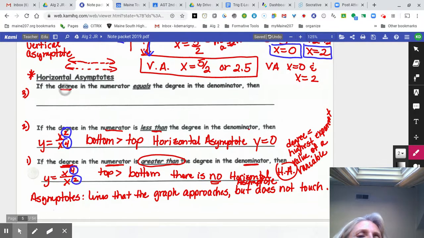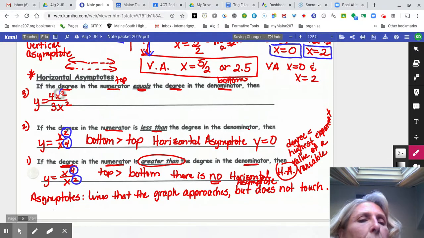If the degree in the numerator, which is the top, is equal to the degree in the denominator, which is the bottom. In other words, when you look at your equation, you see y equals 4x squared over 3x squared. Do you see that both of these are degree 2?